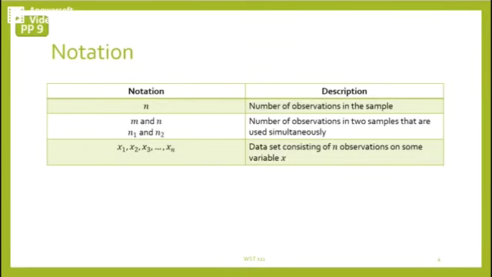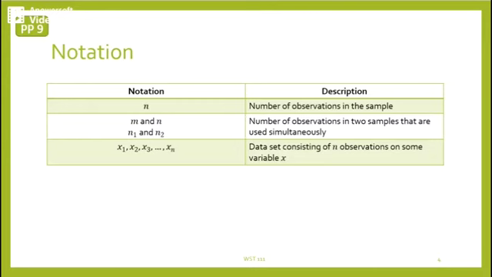On page 9 of your textbook, they define some notation that will help us to have a better understanding of the data. We can denote the number of observations in a sample, and when you have two samples that you use simultaneously, you can denote that as M and N, or alternatively N1 and N2.